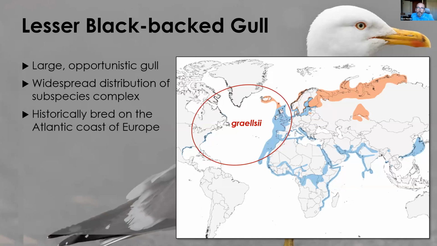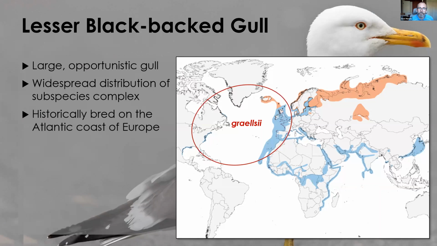The lesser black-backed gull is a widely distributed opportunistic large gull. There are 5 recognized subspecies currently around the world, and this talk focuses on the graellsii subspecies, which historically bred along the Atlantic coast of Europe and wintered in southwestern Europe and northwest Africa.